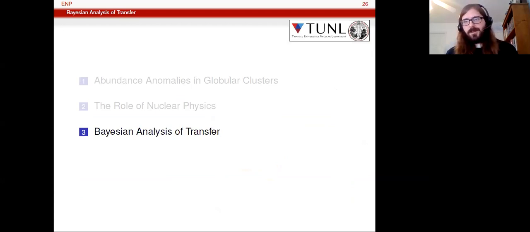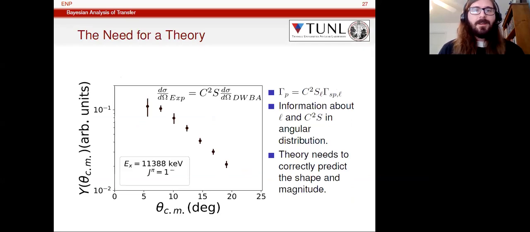Okay, and so with that, I'm coming to the last part of the talk, which is probably the most detailed, which is how we go from getting angular distributions measured in the lab to actually putting constraints on the spin parity of this resonance and getting proton partial widths so that we can calculate the rate completely. And so this is, again, a lot more complicated than the energy calibration case.